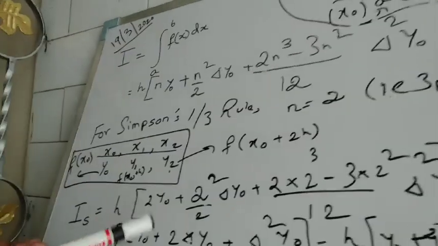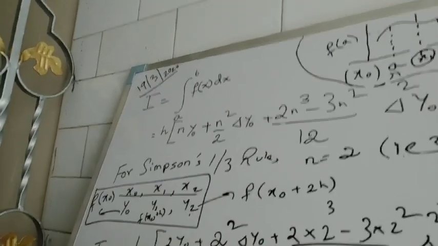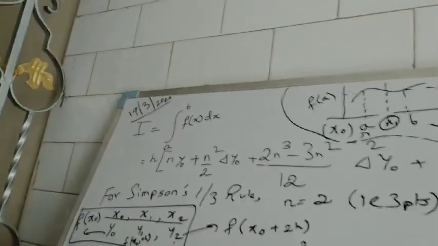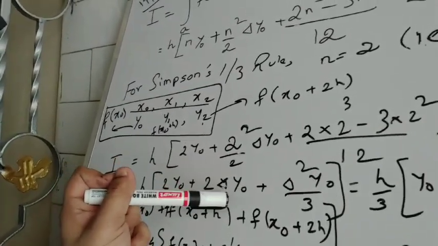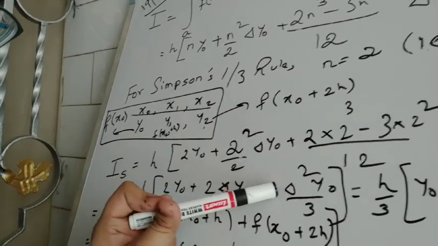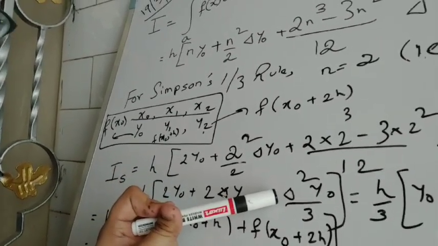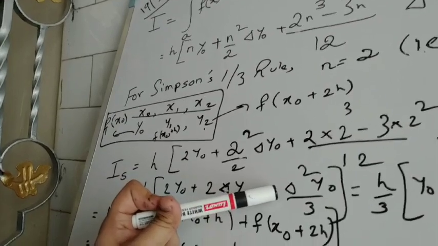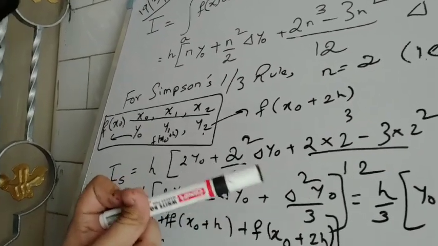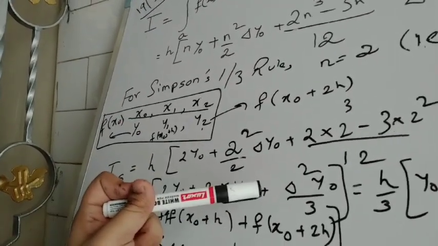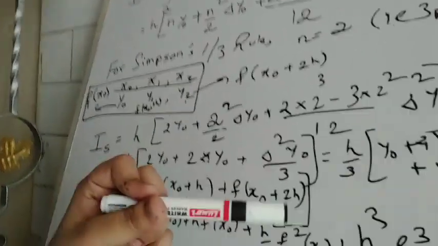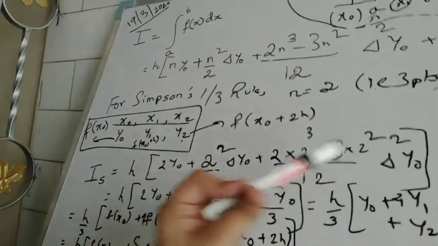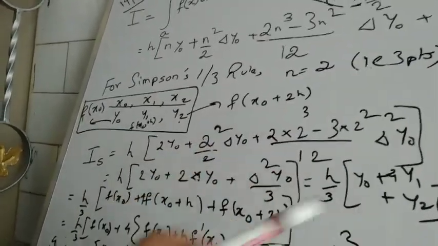If you don't understand how you are getting from this to this, I am repeating once again: put delta y0 equal to y1 minus y0, and for delta squared y0 it is delta y1 minus delta y0. Then convert it to simply y terms, simplify, and you will get this one.